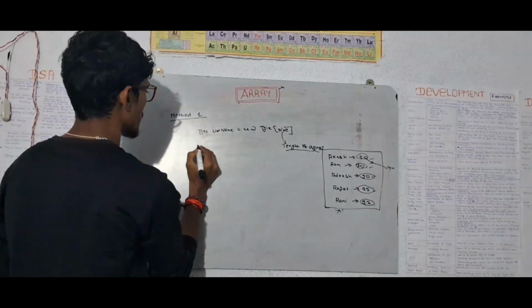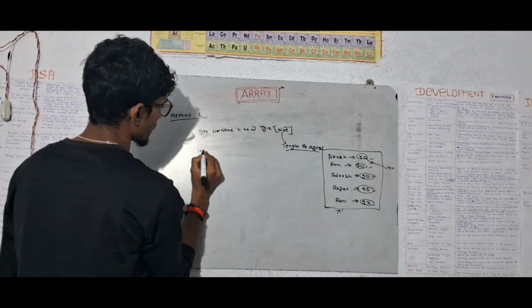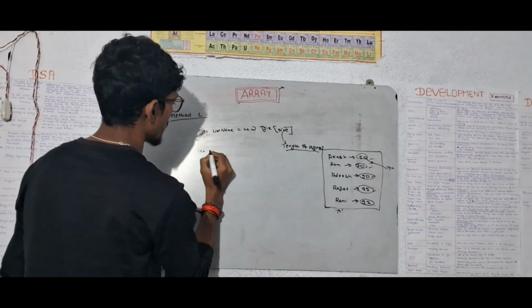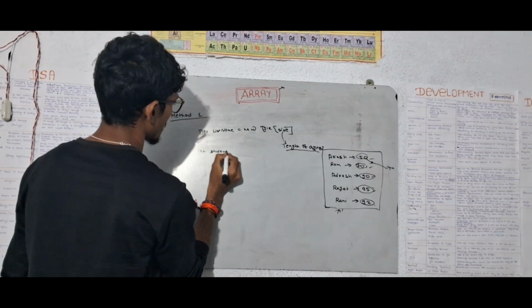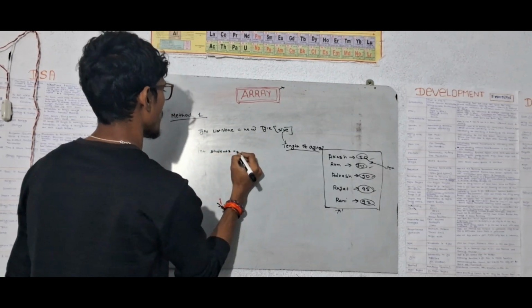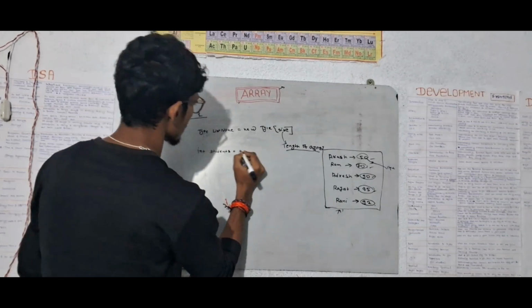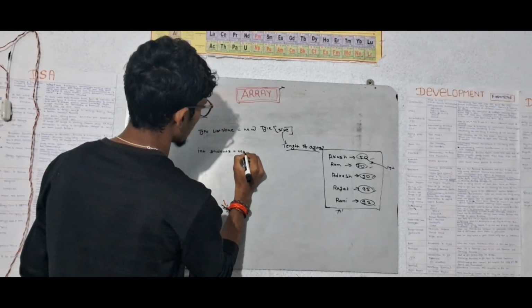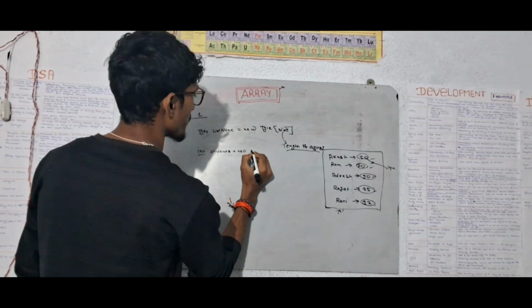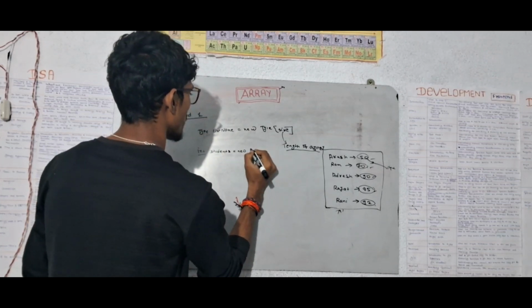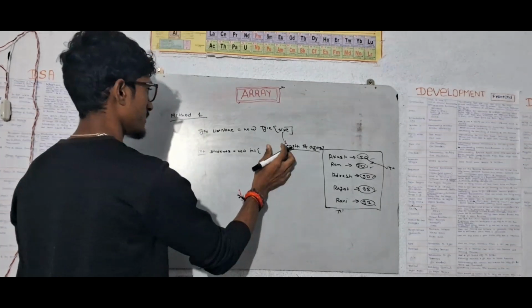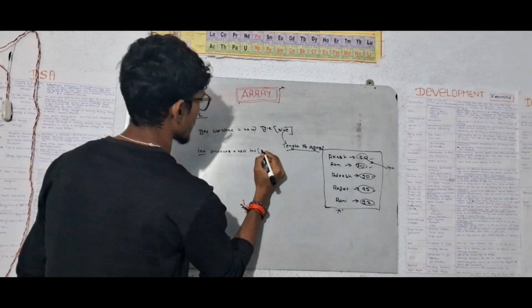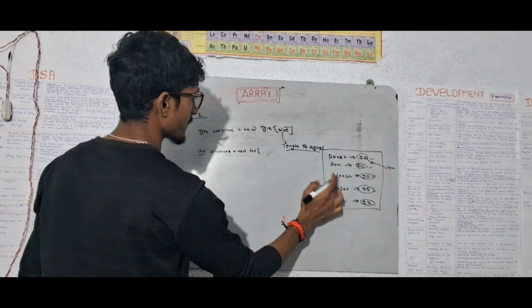So your type must be int, and your students, and again new, and again your type int, and put the length here, the size, which is 5.